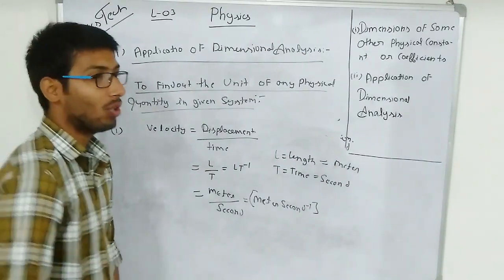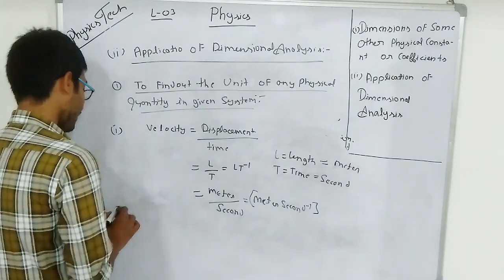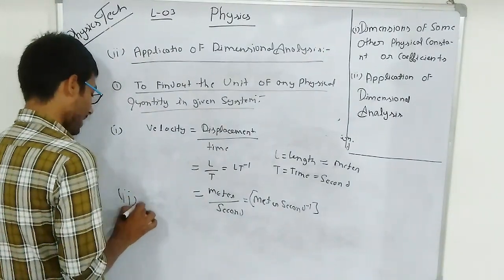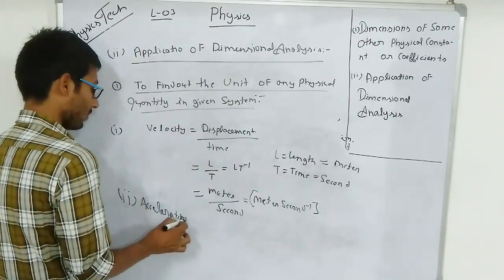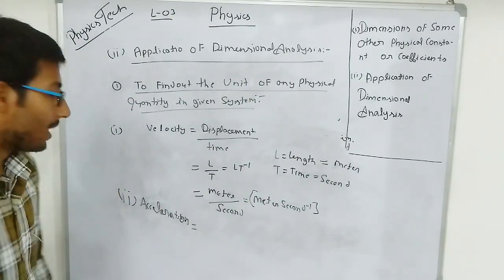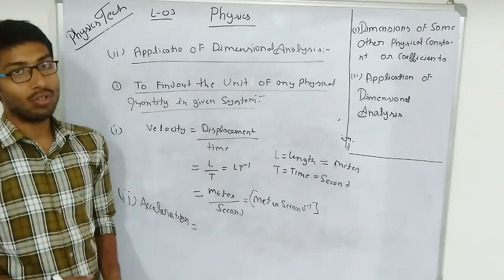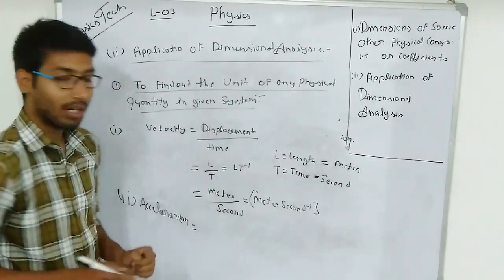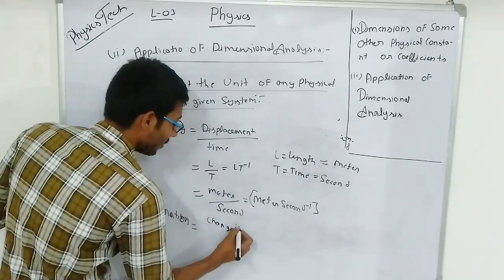Now what is the unit of acceleration? Number second, acceleration. We know that acceleration is equal to change in velocity upon time interval.